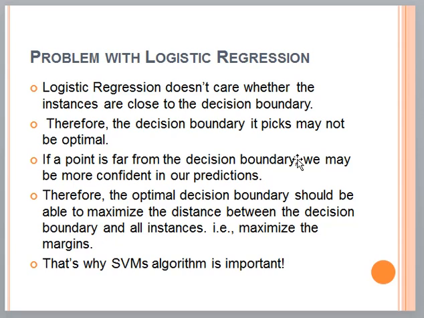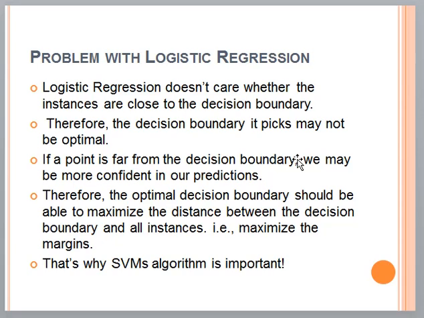For data points which are close to the decision boundary, we are not very confident in our predictions. Therefore, the optimal decision boundary should be able to maximize the distance between the decision boundary and all instances. This is a very important point with regards to the support vector machine.